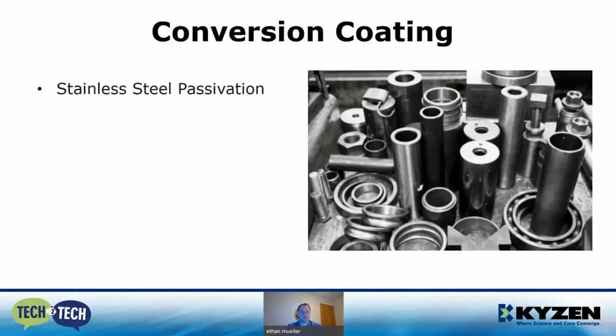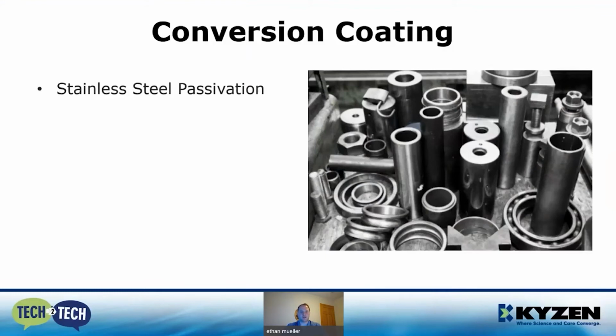So we use it for conversion coating, such as stainless steel passivation. This is where you are relying on an acid to come in and remove any free iron from the stainless steel surface. Typically, that iron is impregnated there by machining or tooling, if you're grinding on weld seams or something like that.